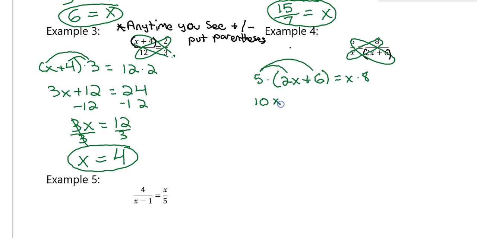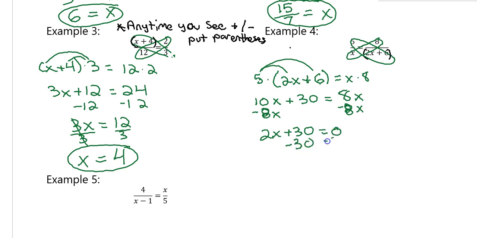So I have 10x plus 5 times 6 is 30 equals x times 8 is 8x. So now remember for this, anytime I have a variable on both sides, I want all my x's on one side. I'm going to subtract 8x. So 2x plus 30 equals 0. And then I need to get my constant to the other side. Divide both sides by 2. Negative 30 divided by 2 is negative 15.